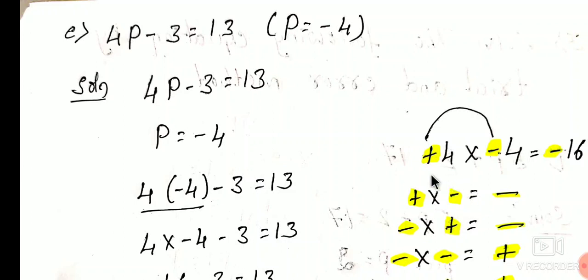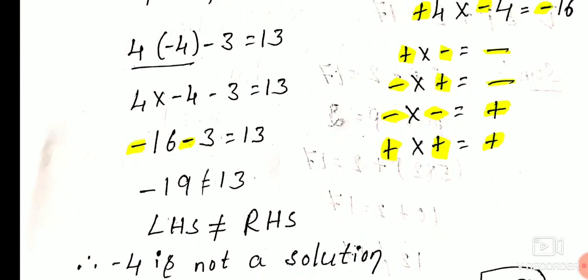Next, here, if there is no sign, it means there will be a plus sign. For this one, plus 4 into this one minus 4 is plus into minus. 4 4s are 16, that becomes minus 16.